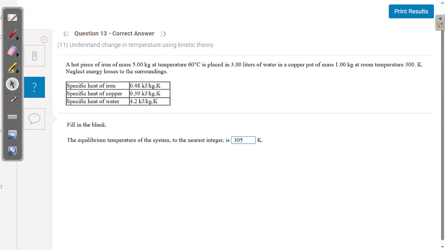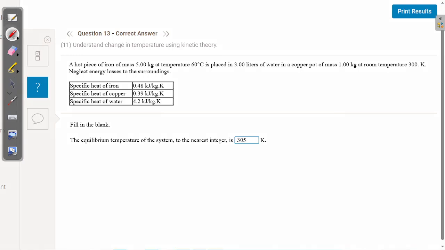I'll do it anyway. A hot piece of iron of mass 5 kg at temperature 60 is placed in 3 liters of water in a copper pot of mass 1 kg at room temperature 300 Kelvin. And they give the specific heat, and they want the equilibrium temperature.